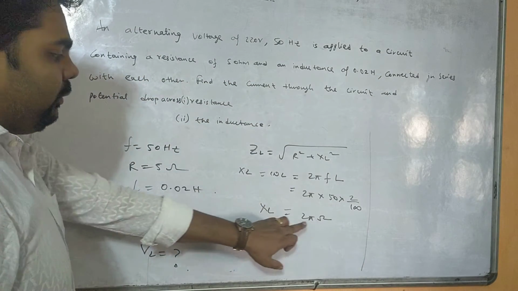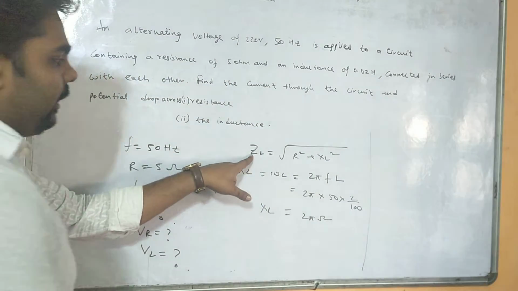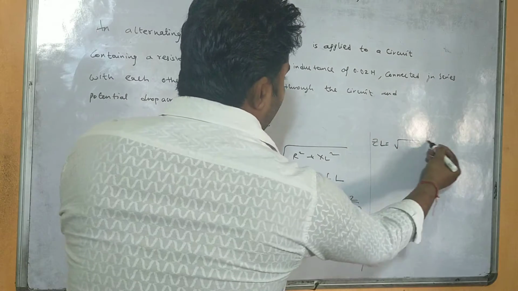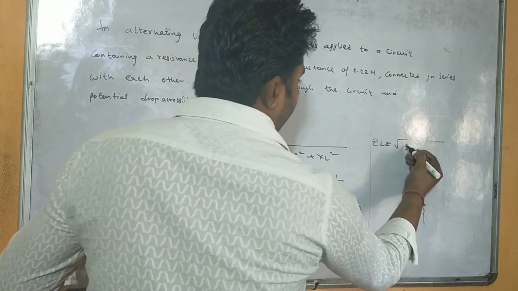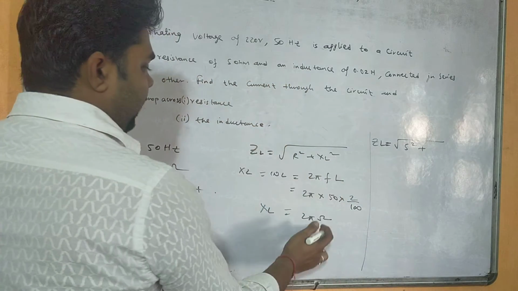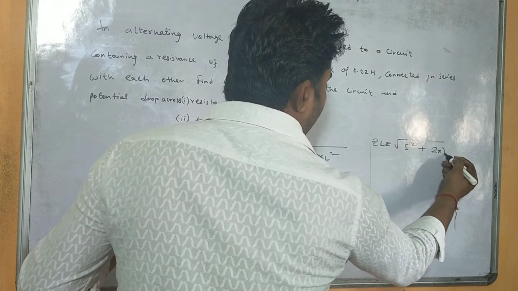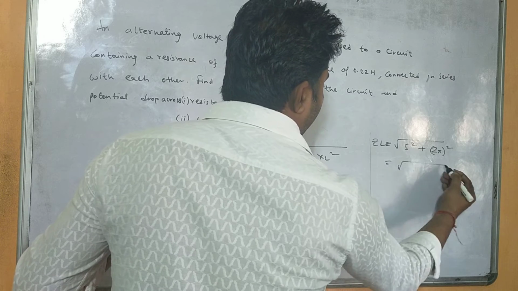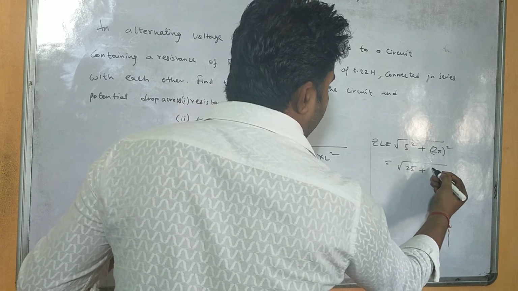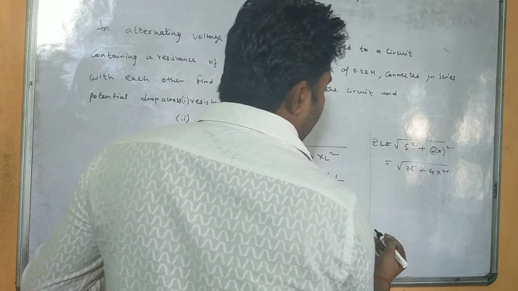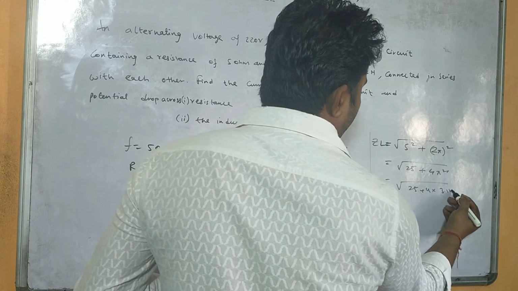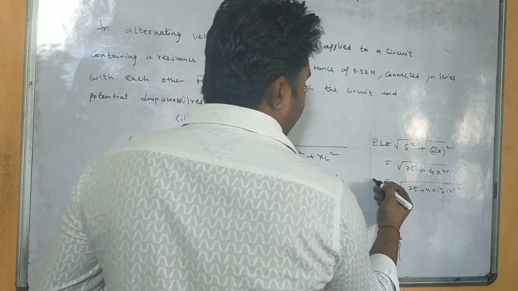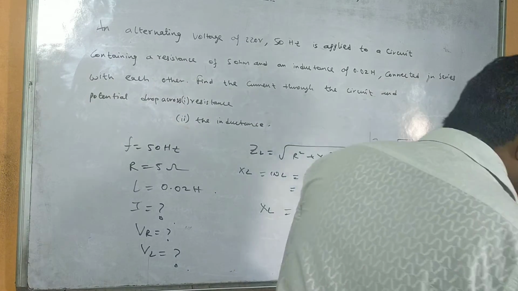Now XL we got 2 pi ohm, and Z will be root under R square. So how much is the resistance? 5. So 5 square plus XL, given here, 2 pi whole square, right? So 5 square is 25, plus 4 pi square. Now if you calculate this one, 25 plus 4 into 3.14 whole square, and if you find its square root, then you will get the answer, right?